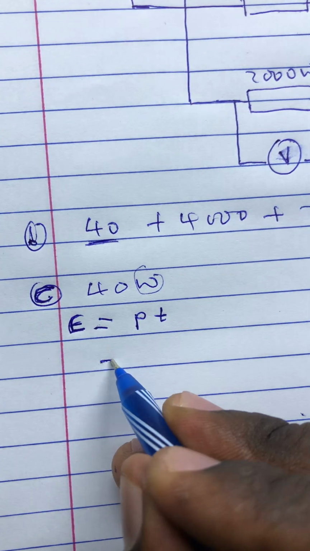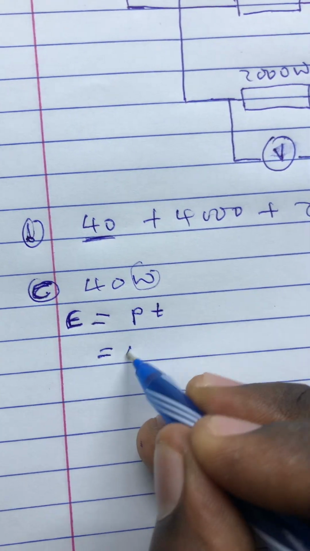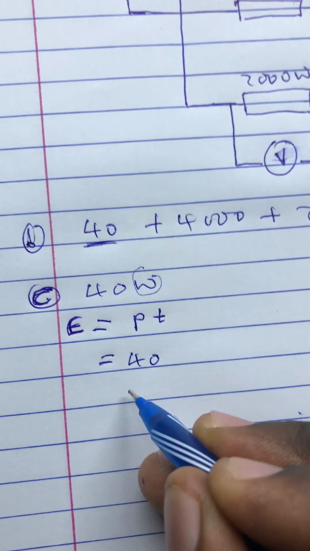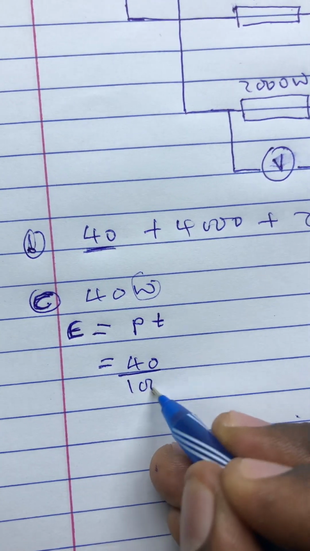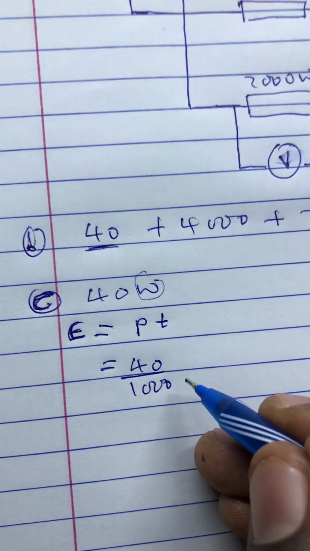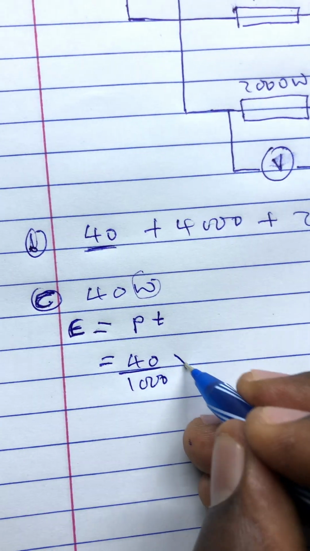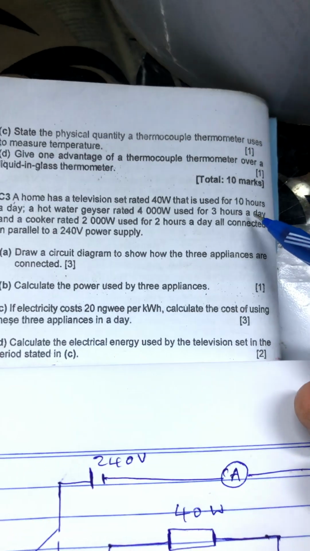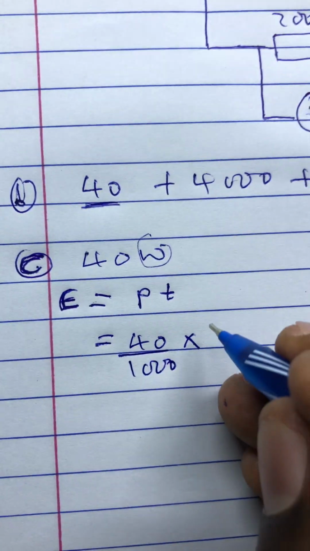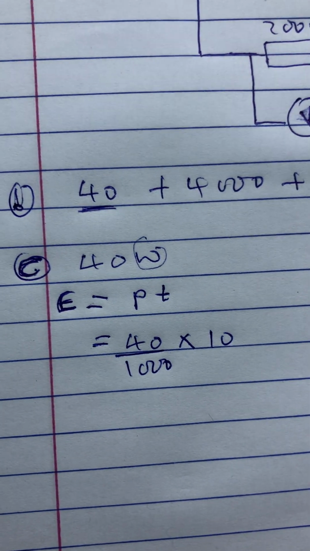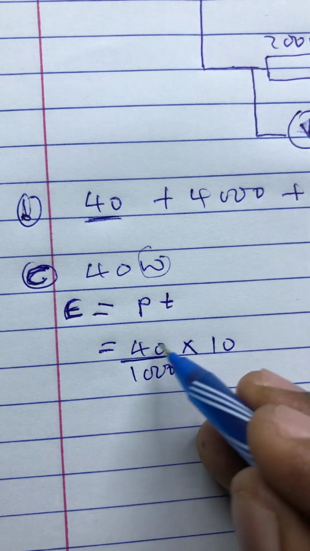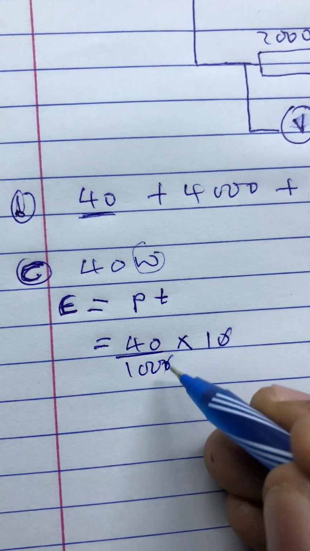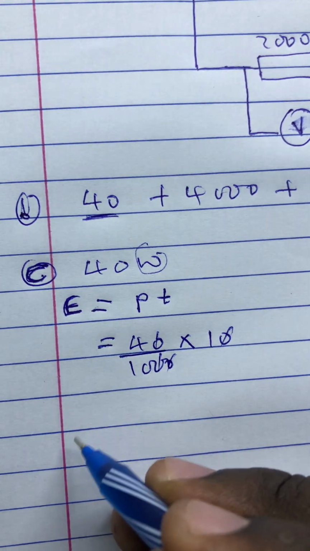So in short, I'm going to do this. This is the power, which is 40 watt, and then I'm going to divide by 1000 in order to convert it into kilowatts, and then I'm going to multiply by time. How much was the time that it was used a day? 10 hours. So I'm going to put the 10 hours here. This 0, that 0 goes, this 0, that 0.